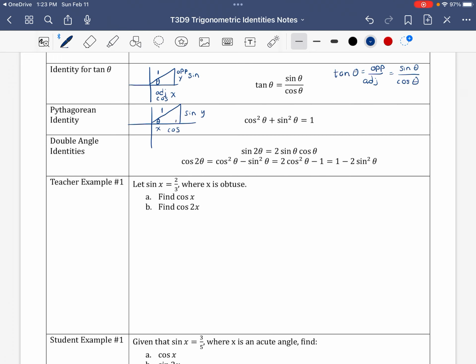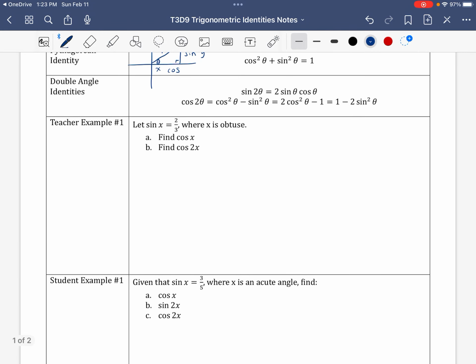Since we have a right triangle, we get sine squared plus cosine squared equals 1 squared, which we simplify to 1. This helps us if we're trying to find either sine squared or cosine squared, or one of those sine or cosine values. We can use our Pythagorean identity.